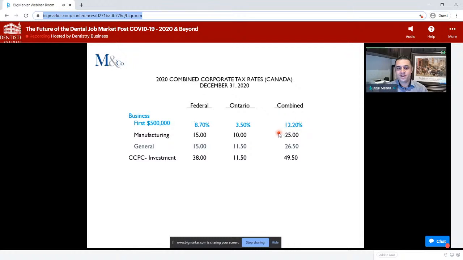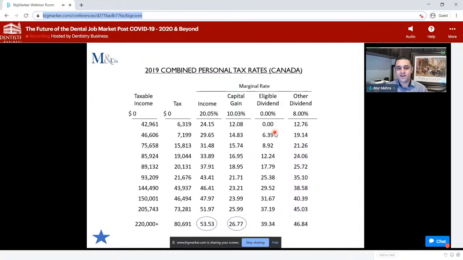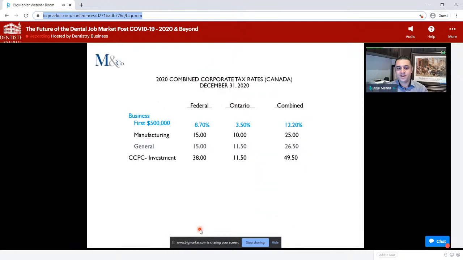So there's a significant difference between the 12.2% and the 53.53%. There's a large gap and spread there, so we can help in reducing your tax burden. Any income over $500,000 in the corporation is taxed at 25%. But there's still a savings there if you're a high producer.